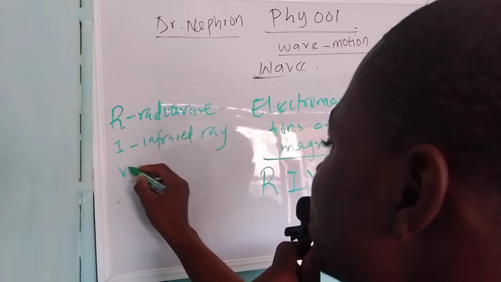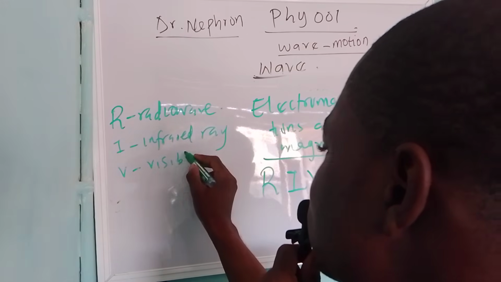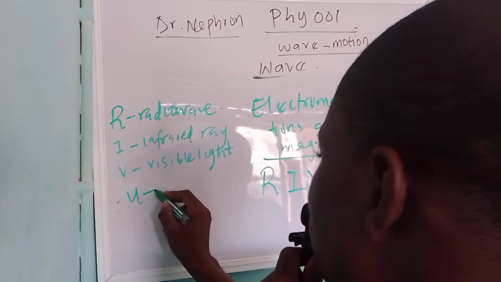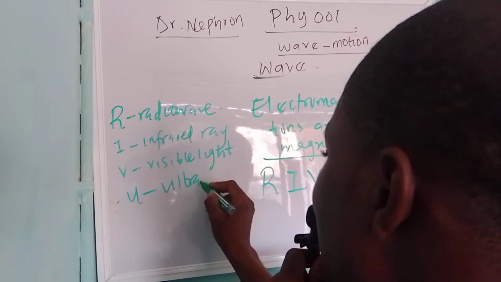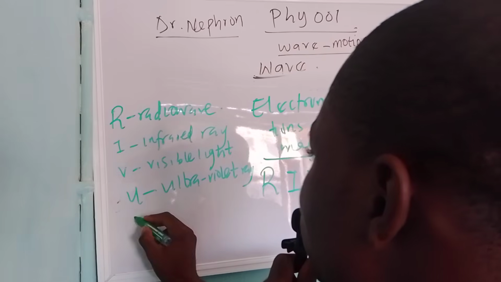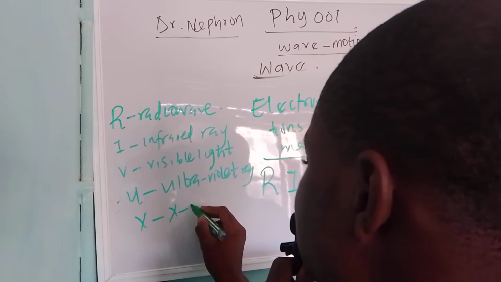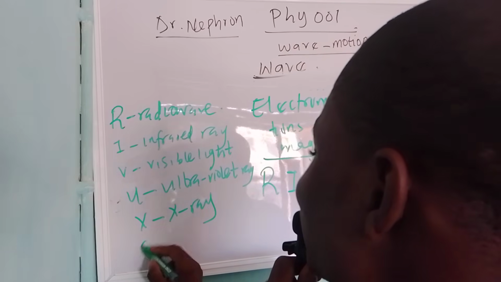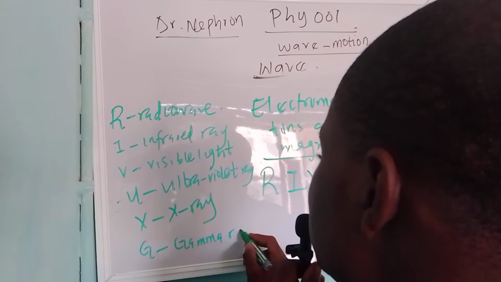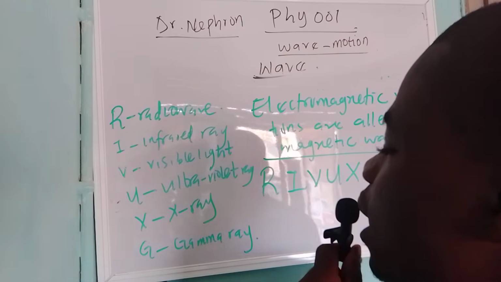V is the visible light. U is the ultraviolet ray. X is the X-ray. While G is the gamma ray. So all of them are electromagnetic waves.